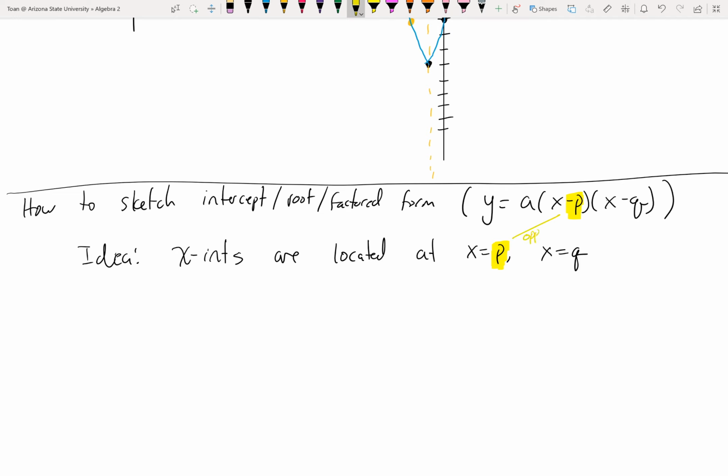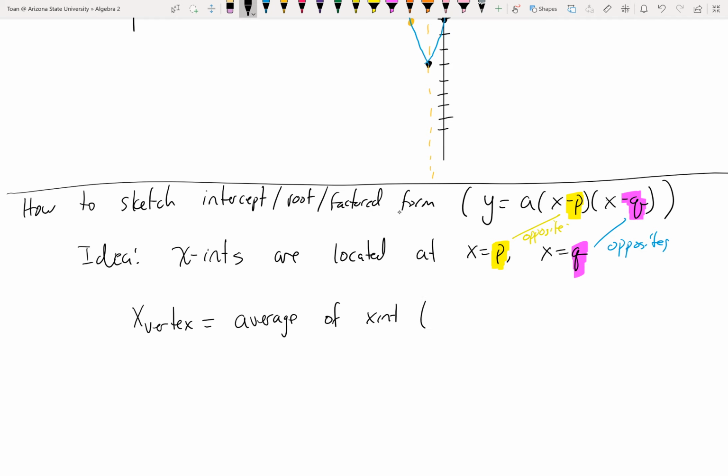These guys are opposites. And same thing with q and a minus q. These guys will be opposites.